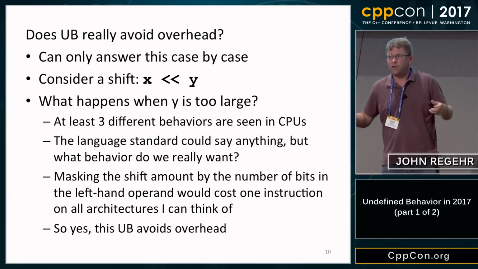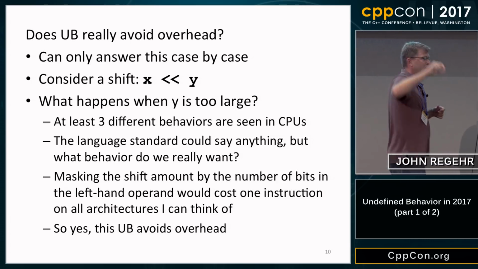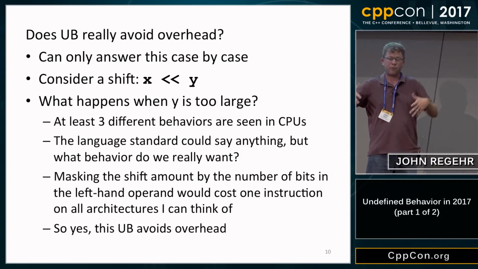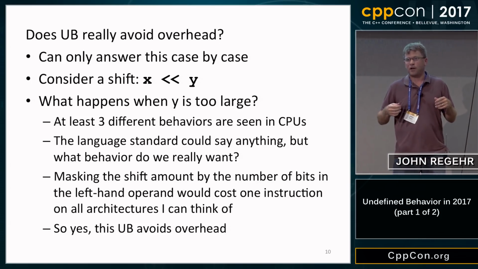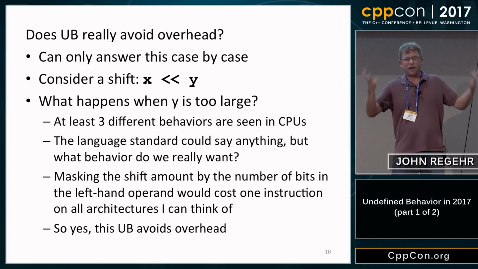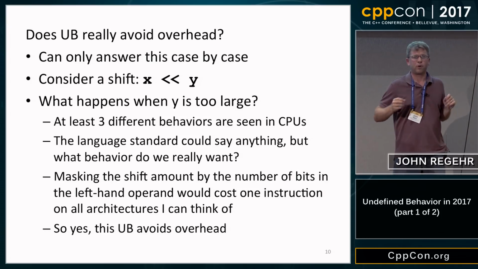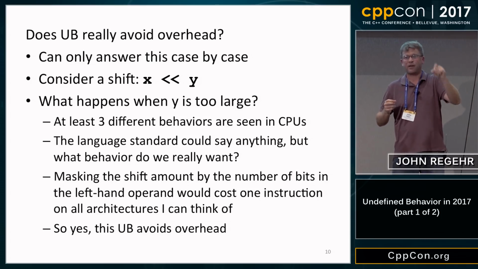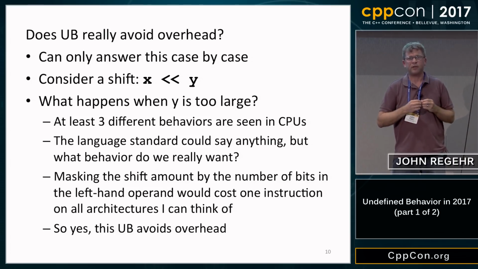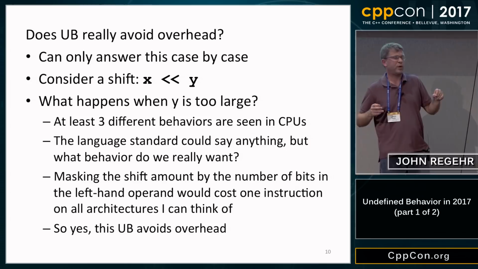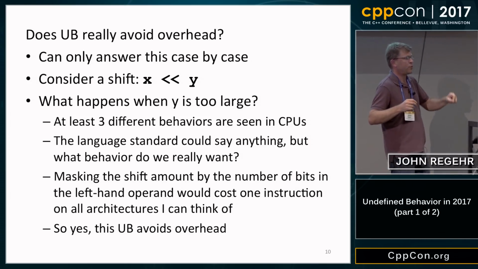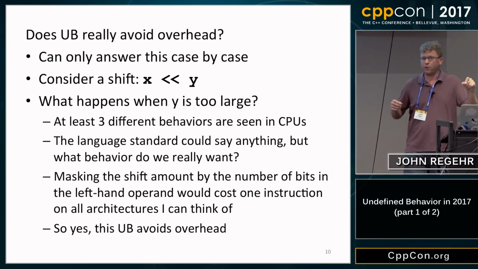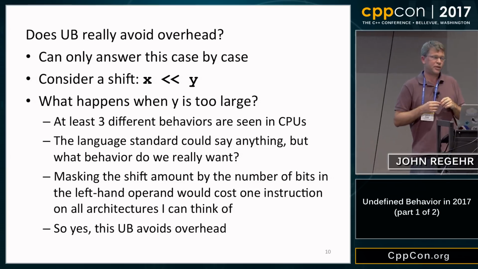And so now we can move on to the question: is adding an AND instruction in front of every shift a reasonable thing to expect a compiler to do? Some compilers, like WebAssembly, say, sure, fine, we'll just take the pain of these masking instructions. And C and C++ have sort of said, no, that's not right. So in this case, we can see exactly what the cost is. We add an extra instruction any place we can't prove that the shift exponent is in bounds.